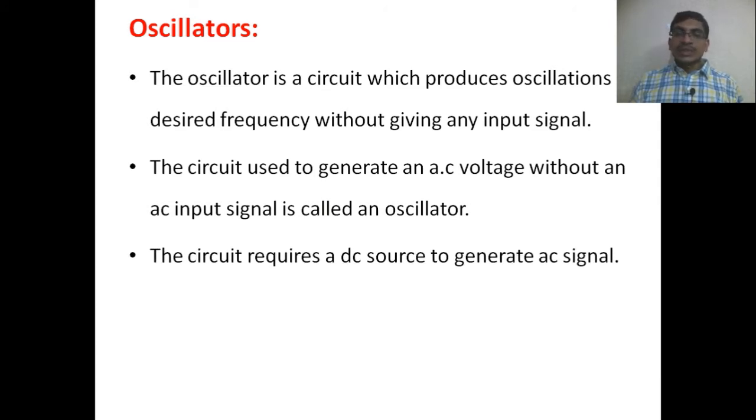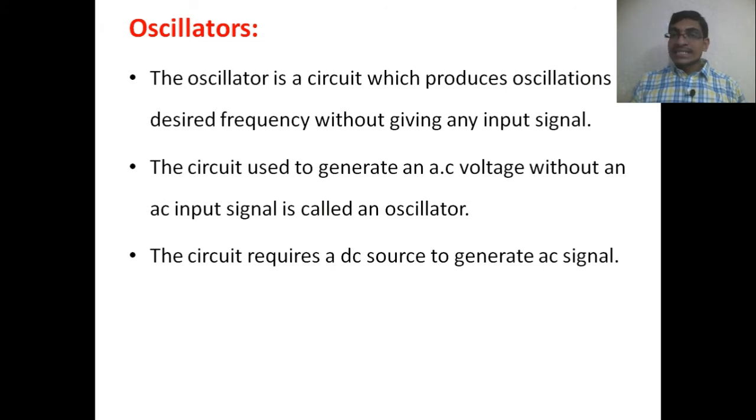The circuit requires a DC source to generate the AC signal. In an oscillator, the DC supply voltage we give will be converted into the AC signal. So we can also say the oscillator is a DC to AC converter. The oscillator can convert the DC signal into the AC signal.